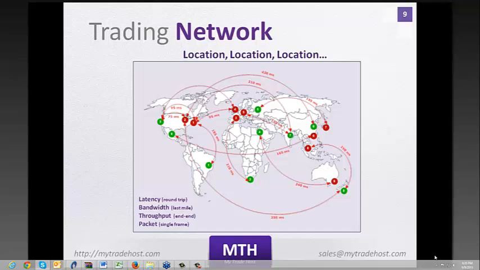Why? Because there are a lot of other traders around the world that are much faster than you. In the US, you're likely getting no worse than 75 milliseconds. In a lot of places, maybe 50, 40 milliseconds. Even from Europe, you're not much worse than 100 milliseconds if you're in, say, the UK.